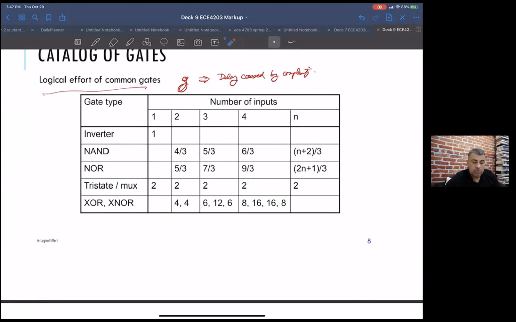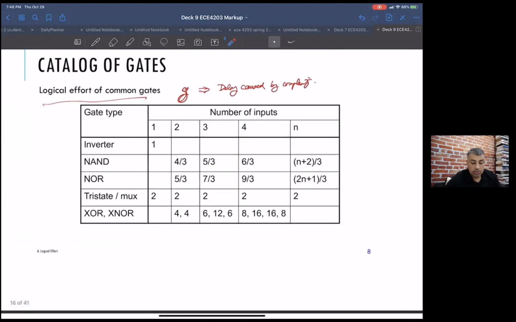This also tells you why you'll see a lot of NANDs in CMOS, and you won't see NANDs or NORs or any logical function with more than 4 inputs, because in terms of delay you're better off breaking those into smaller input gates. The delays get really bad.